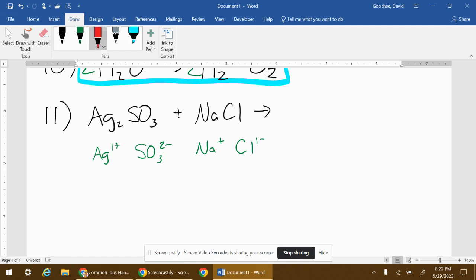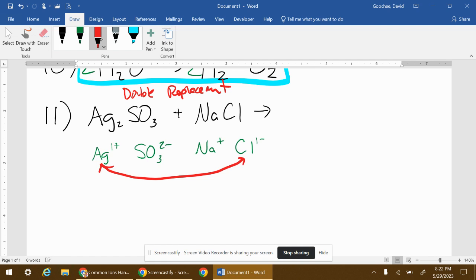Now, in a double replacement reaction, ions switch places to form new compounds. Now, the silver is going to go and bond with the chlorine because silver is positive and chlorine is negative.